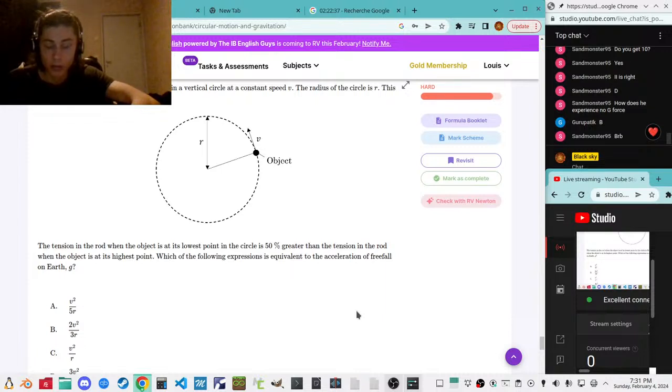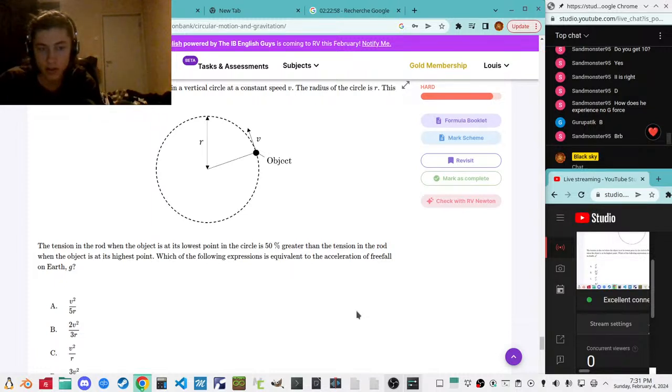So on the top you have mg plus T. Mg, tension goes there and g goes there, right?